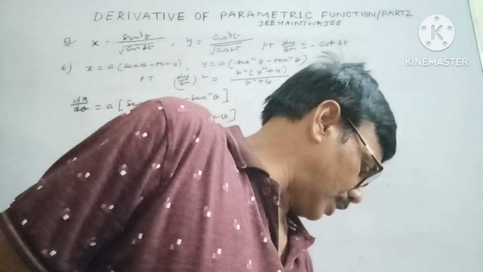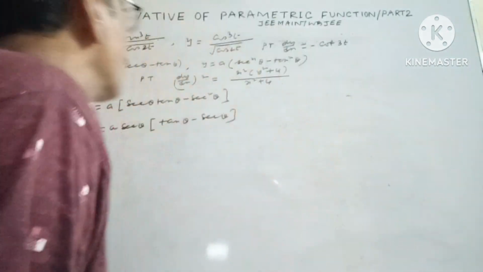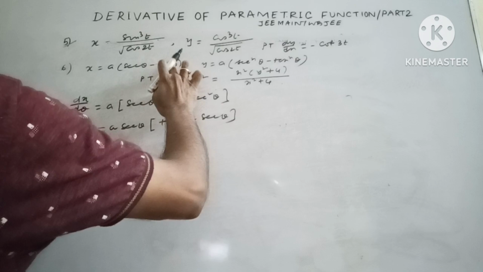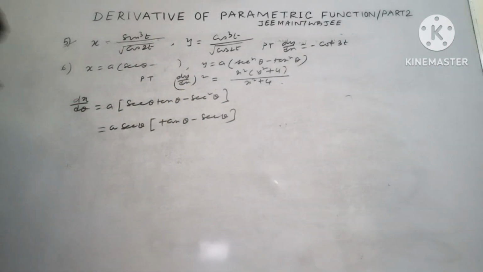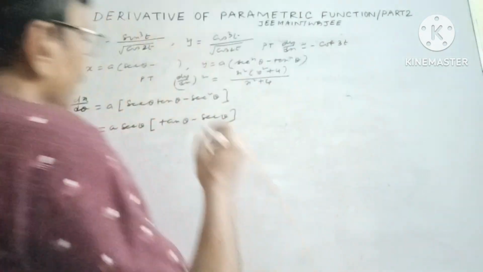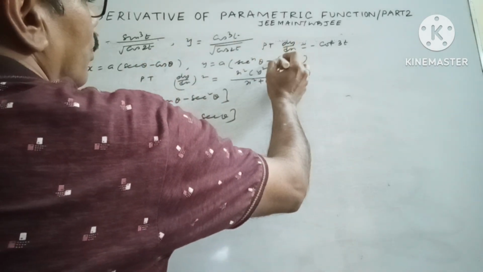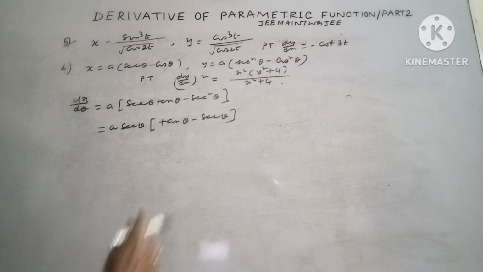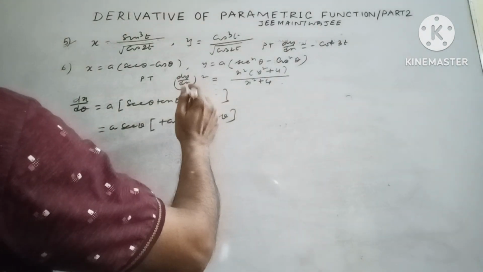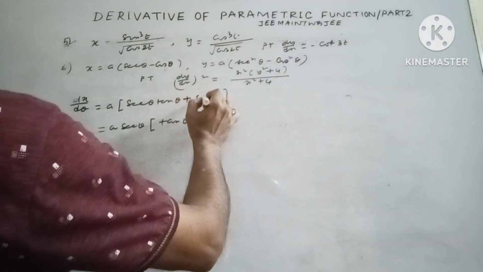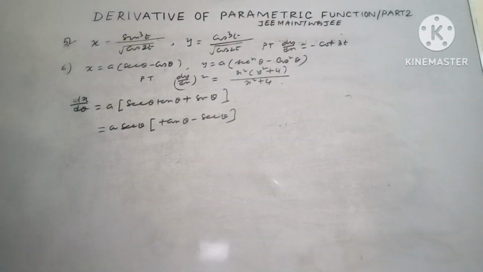So let us see it again. Correct it: sec theta minus cos theta. This is cos to the power n theta, sorry. So what is the derivative of cos? It is minus sine, so this will be sine.